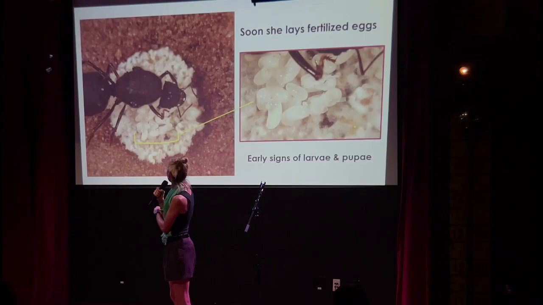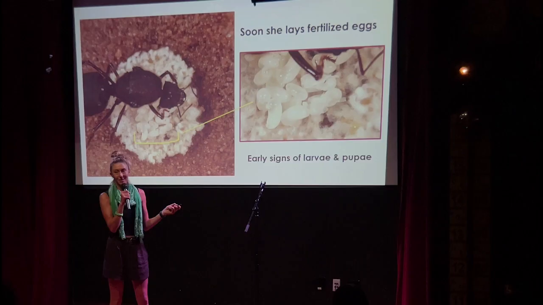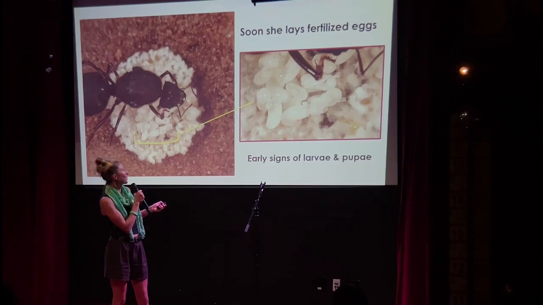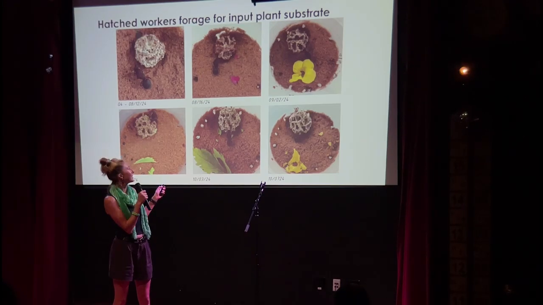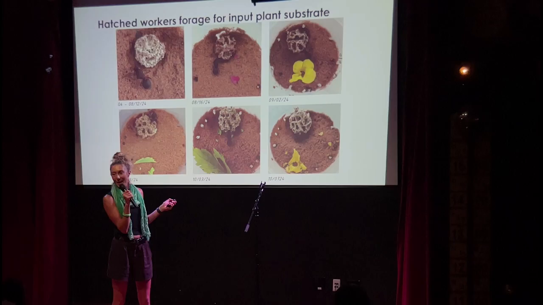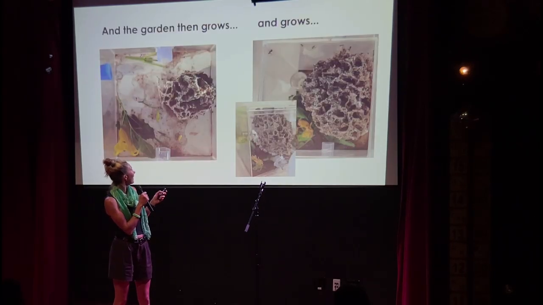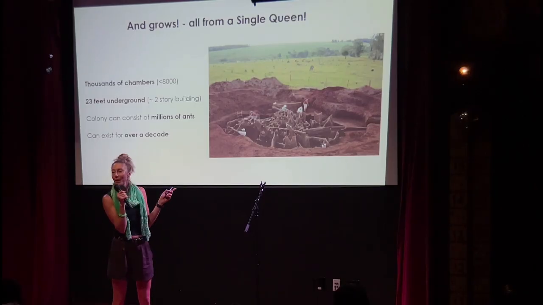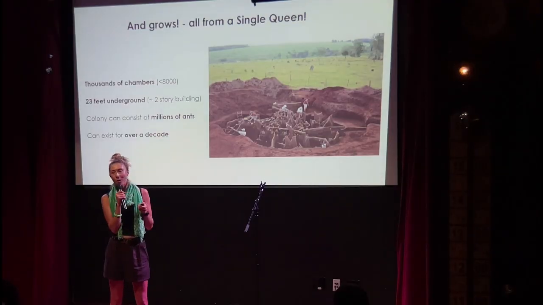And then soon, if you're lucky, if you found a mated queen, because that's not common at all, you'll get these little larvae, and you see the little pupa legs, and once they hatch, you can start feeding them little plants, right? So then the workers cut up all the plants, and they integrate it into the garden, and they grow and they grow. And then it becomes this one day. So it's very cool.